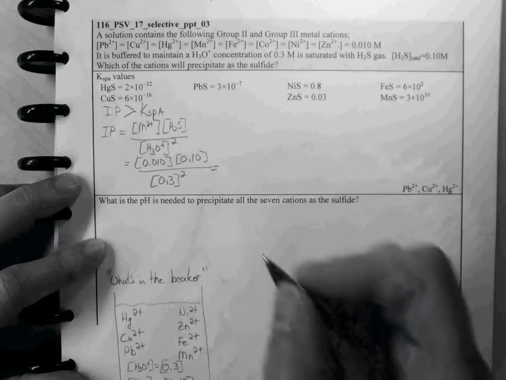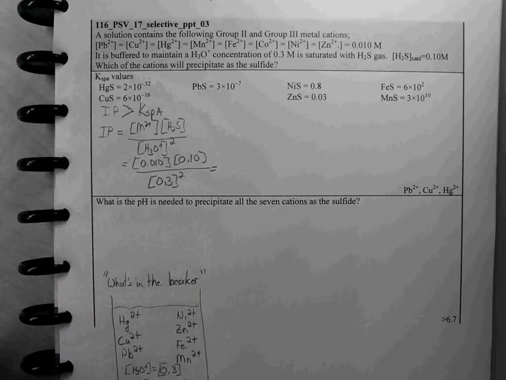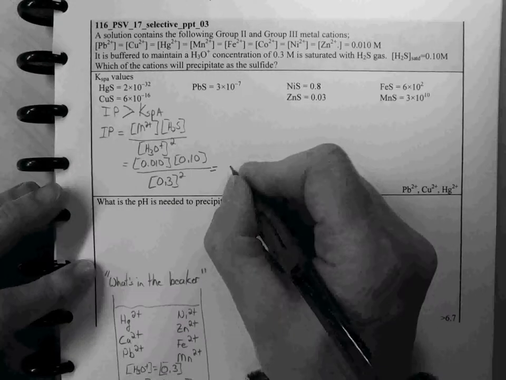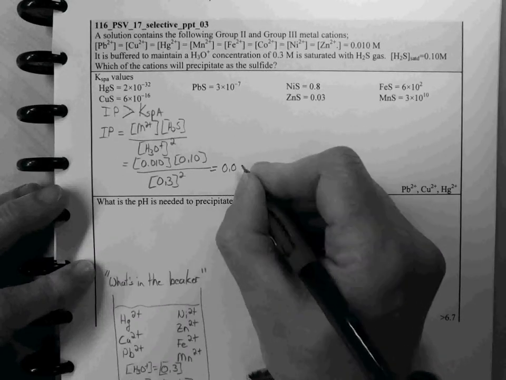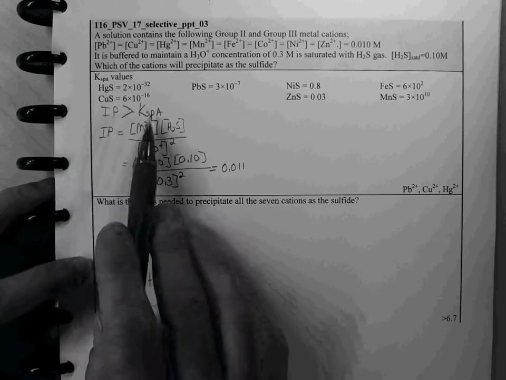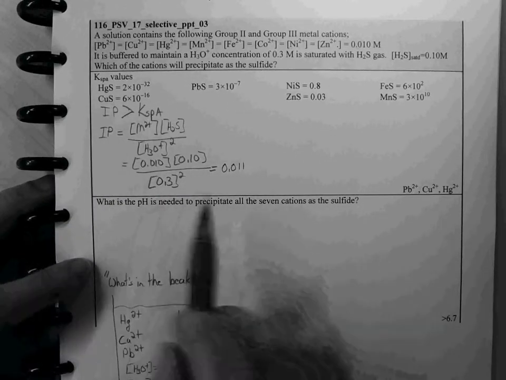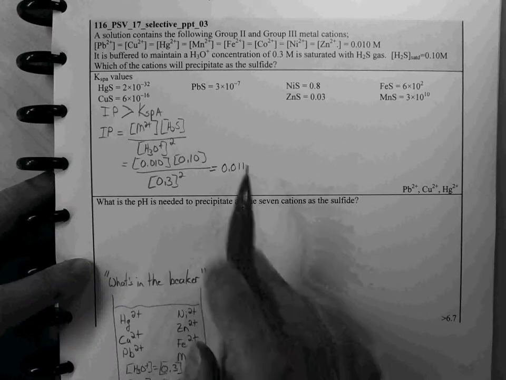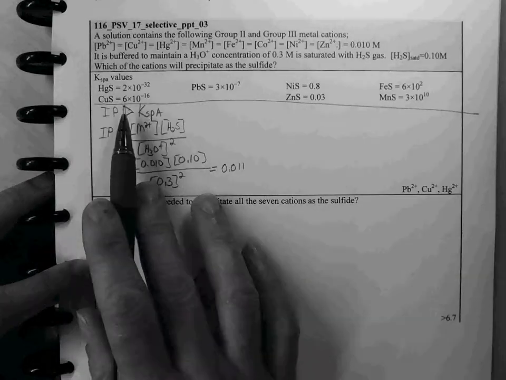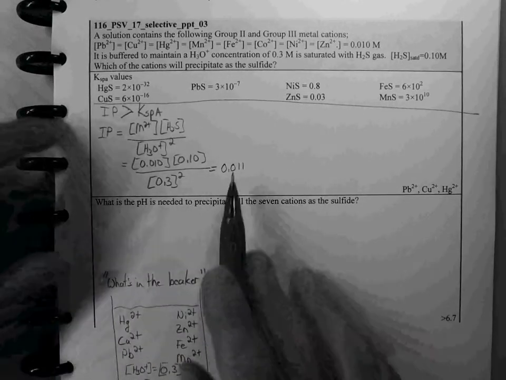And we get a KSPA or QSPA, an IP value that's equal to 0.011. Alright, now for precipitation to occur, IP has to be greater than KSPA. So we get our IP, and we're going to compare it to the KSPA of our given ions.